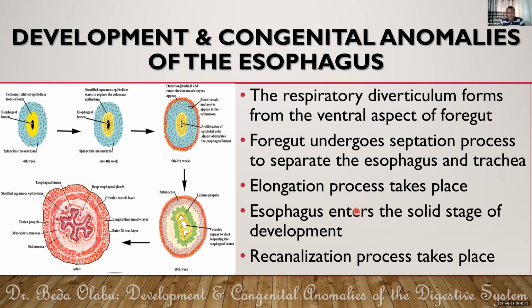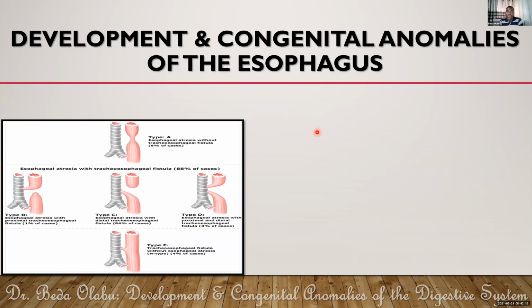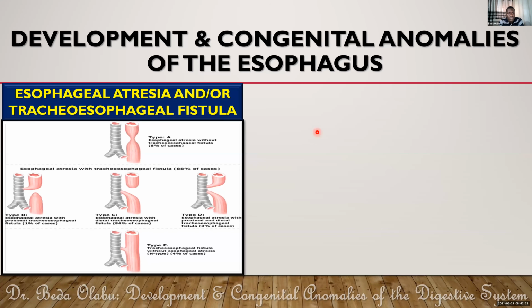Okay. So with that in mind, what are some of the congenital anomalies that we'd expect for the esophagus? One entity is what we call esophageal atresia and/or tracheoesophageal fistulae. Why do we call them so?